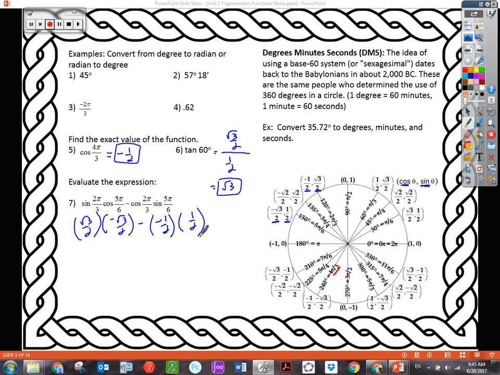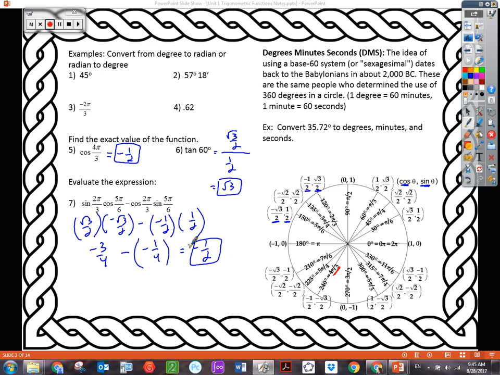Now that I have all my unit circle values listed, what I need to do is multiply, combine like terms, do all that stuff. So this gives me, what do we get? We get negative 3/4 here, minus, and that gives us negative 1/4, which gives us a negative 1/2. Okay, how's number 7?